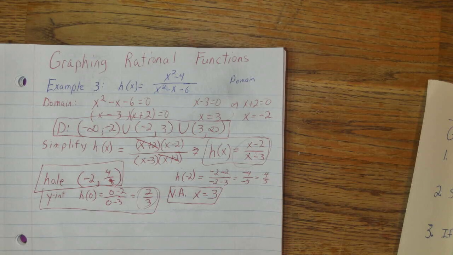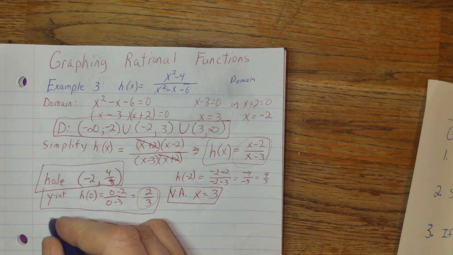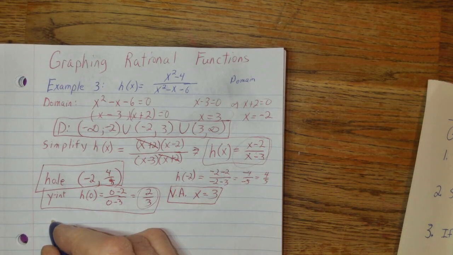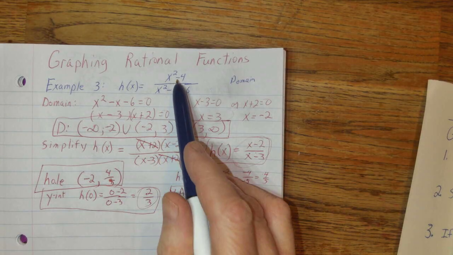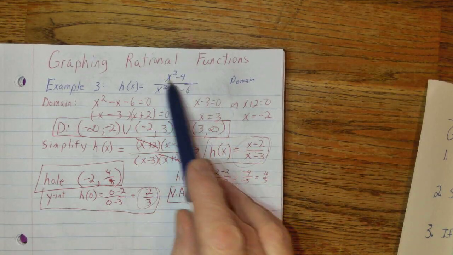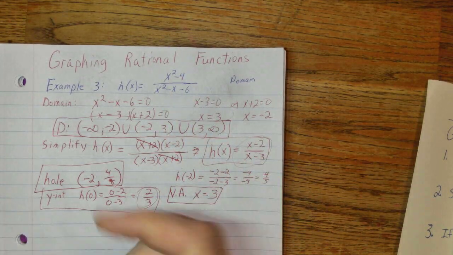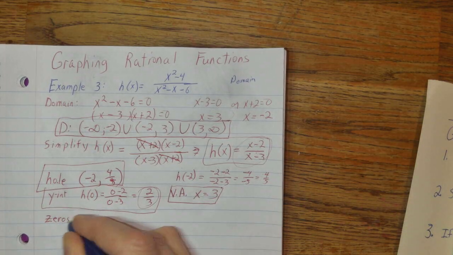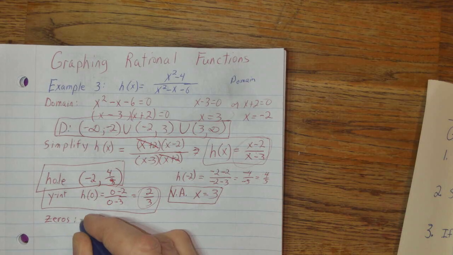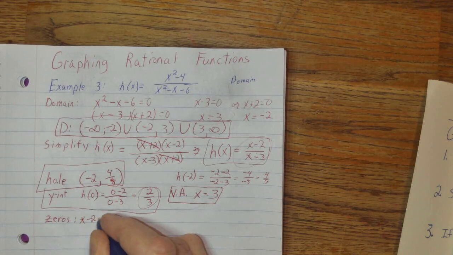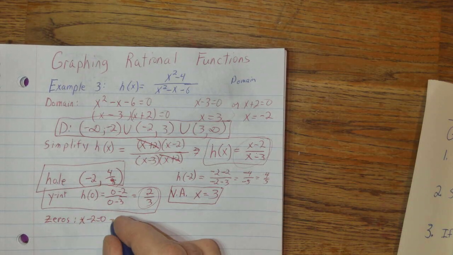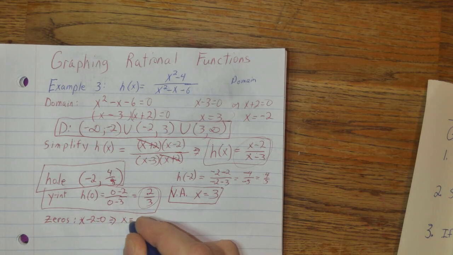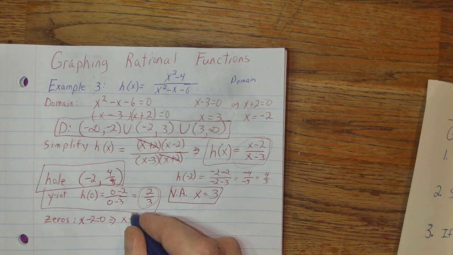Now the zeros of this would be the simplified numerator, not the original numerator. The simplified numerator for zeros, we set the numerator equal to 0. So x minus 2 equals 0, which implies that one of the zeros is at x equals 2.